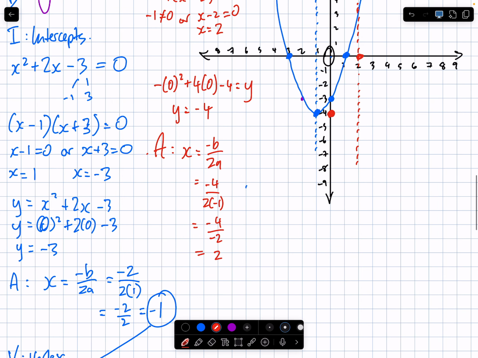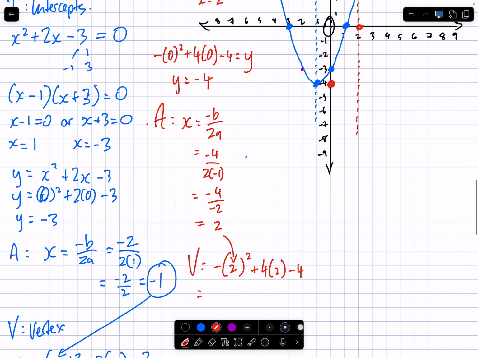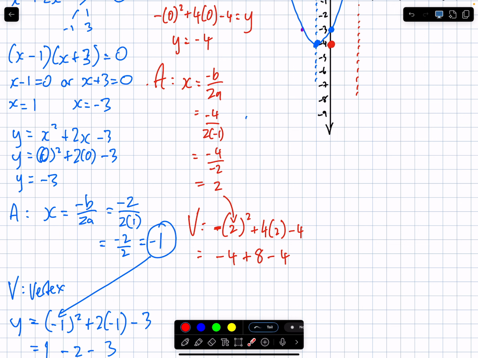And then vertex, I plug that number in there, negative, squared, plus 4 lots of 2 take 4. What's 2 squared? 4, but there's a negative on the outside, so you've got negative 4. What's 4 times by 2? Take 4. What's negative 4 add 8, and then take 4 again. 0.